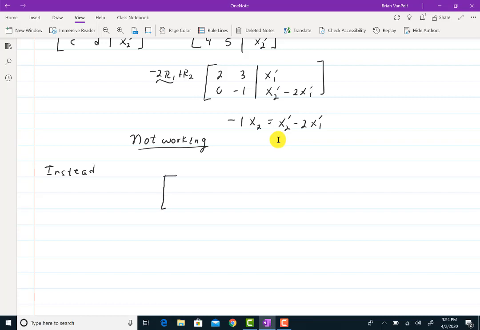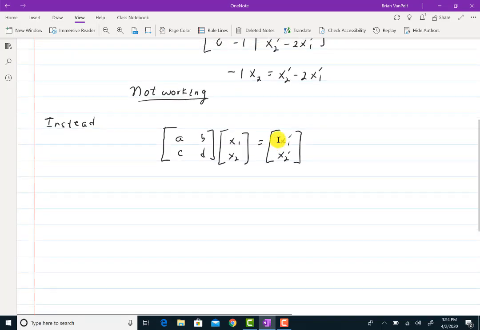We take this A, B, C, D, and you have your x1, x2, and that equals x1 prime, x2 prime, and you swap it for another matrix. And here's what you get. You get this matrix right here.